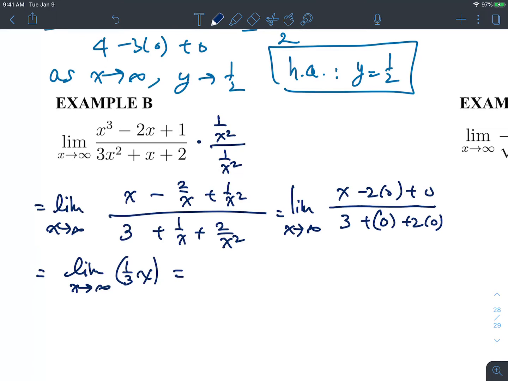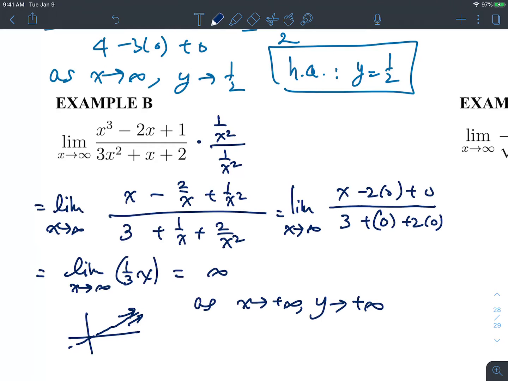Y equals 1/3 of x just looks like this. So as x goes to infinity, it's approaching either this way or this way. What that means is that this tells you how fast it's increasing, but it'll be increasing forever. So the answer is infinity. In this case, as x goes to positive infinity, y also goes to positive infinity.